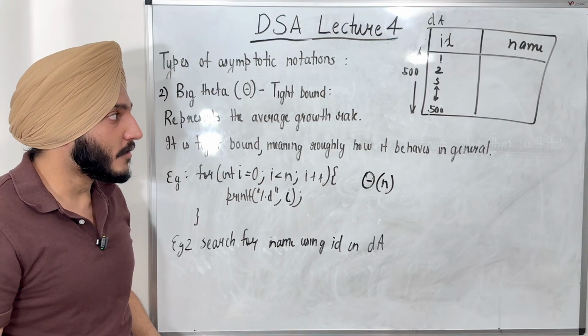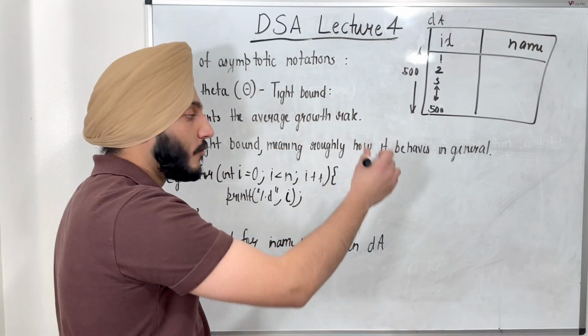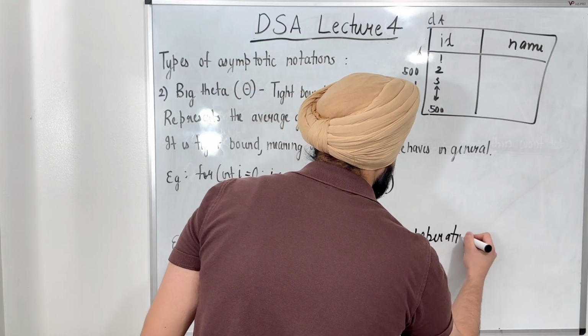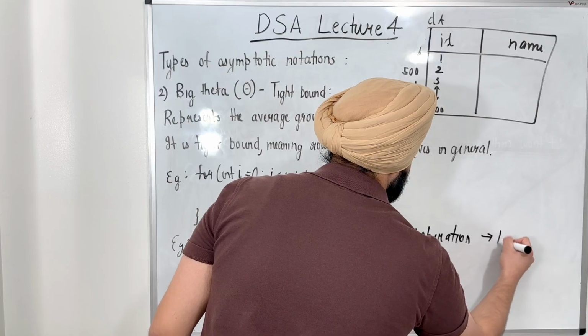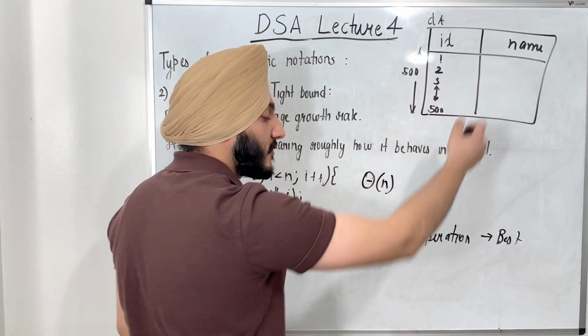Okay, so let's try to understand this example. I just told you the best case could be that it takes one operation. Let's say I'm looking for the ID 1, that would be the best case.